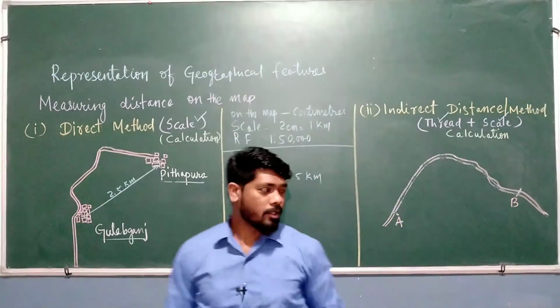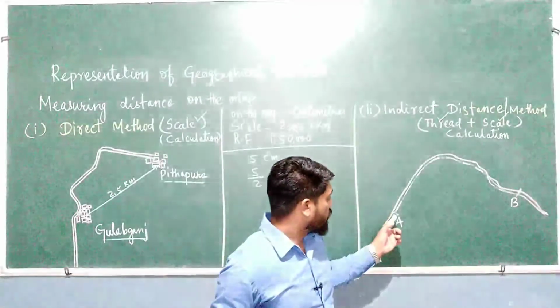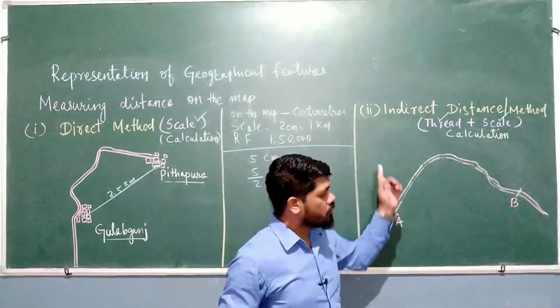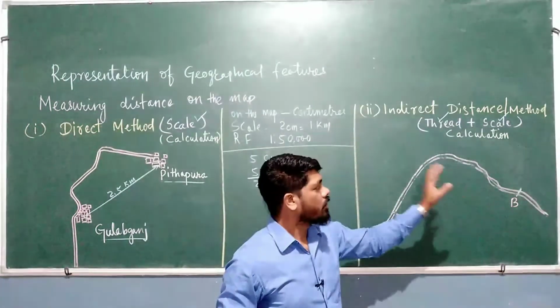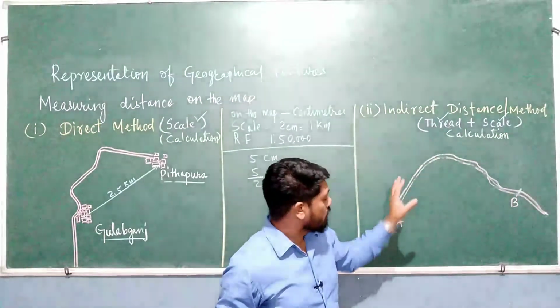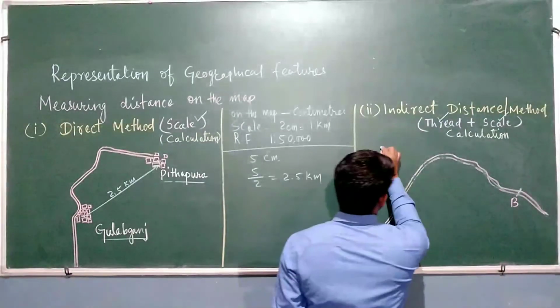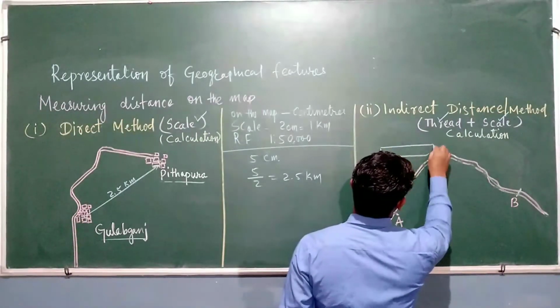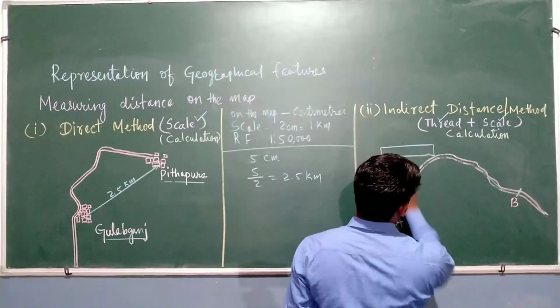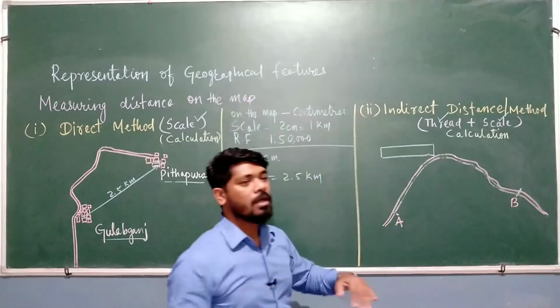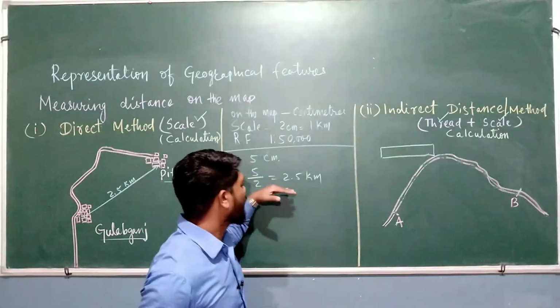So how much you have measured from the starting point A to the ending point B, that length of the thread has to be spread on the scale, and how much it is coming has to be calculated.